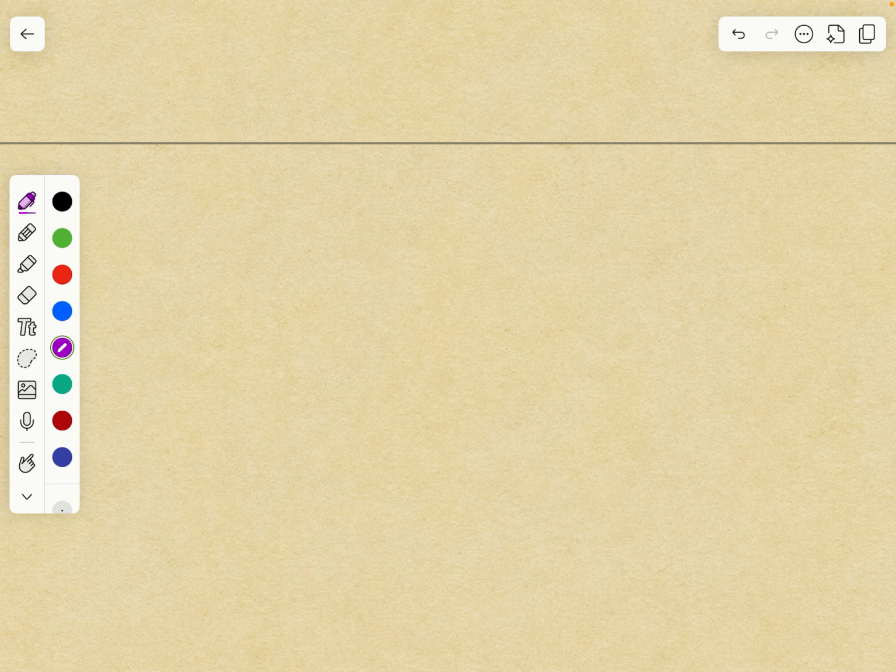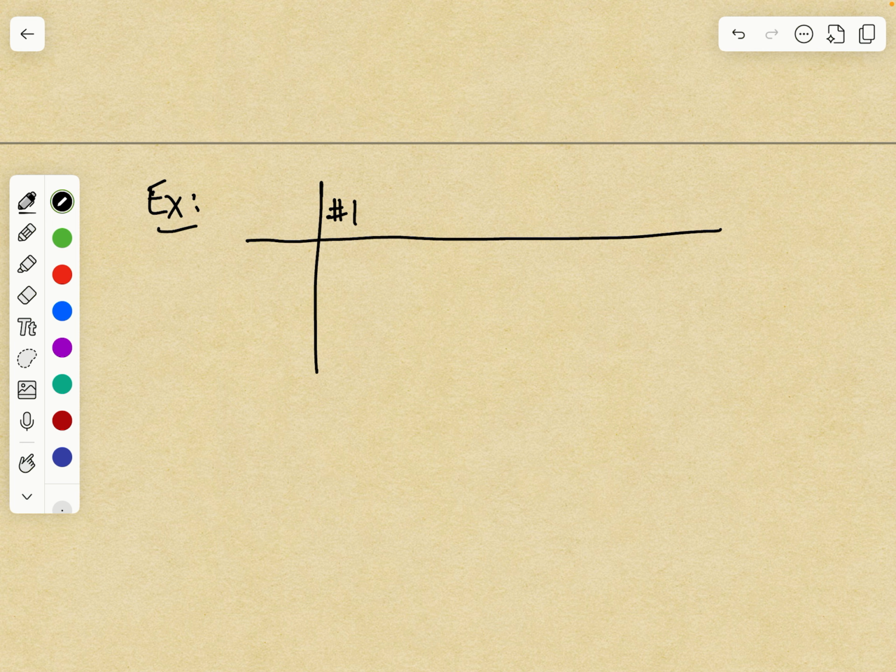And so let's say that you have some data. Let's say that you're measuring some quantity and you have a sample of, say, 6 people: person 1, person 2, person 3, person 4, person 5, and person 6.